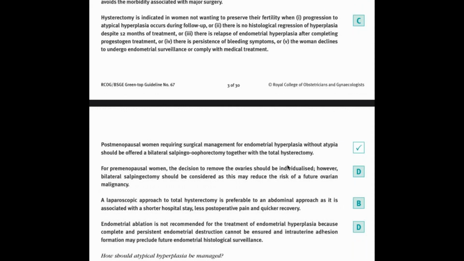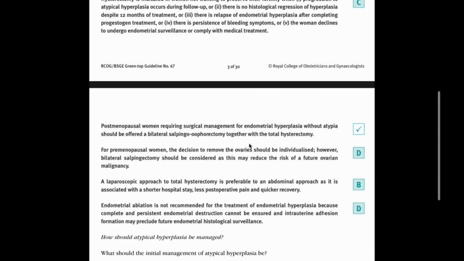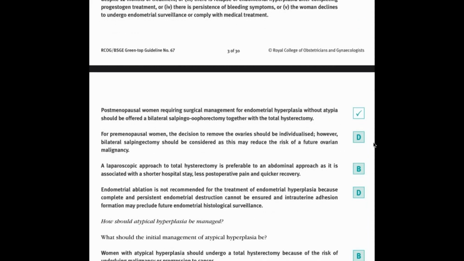Postmenopausal women requiring surgical management for endometrial hyperplasia without atypia should be offered bilateral salpingo-oophorectomy together with total hysterectomy. So that's in case the patient later comes in, let's say this exact same patient, we've treated her, at some point she relapsed or she doesn't respond to the treatment, then when you talk to her about the hysterectomy, you will offer.